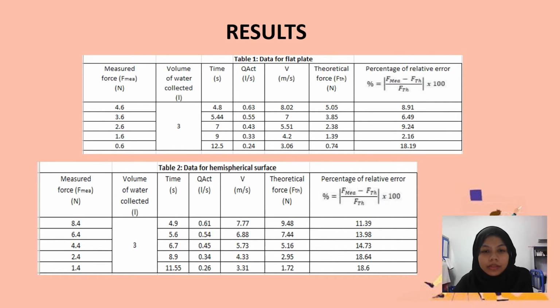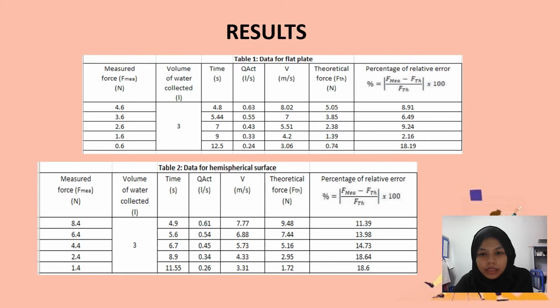Okay, for the results, we have presented them in these two tables. Table 1 is the data for the flat plate, and Table 2 is the data for the hemispherical surface. From the raw data given, there are the measured force, which we denoted as F_mea in Newtons, the volume of water collected, and the time in seconds.